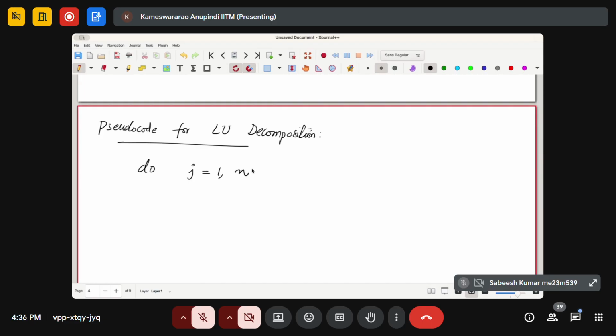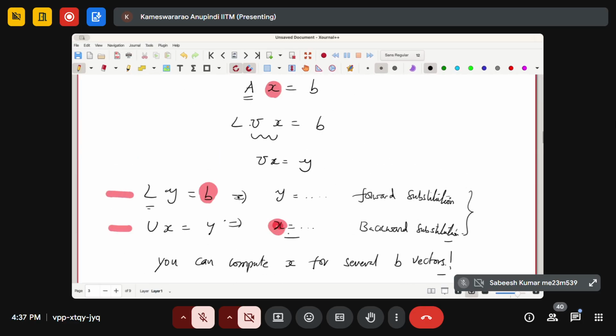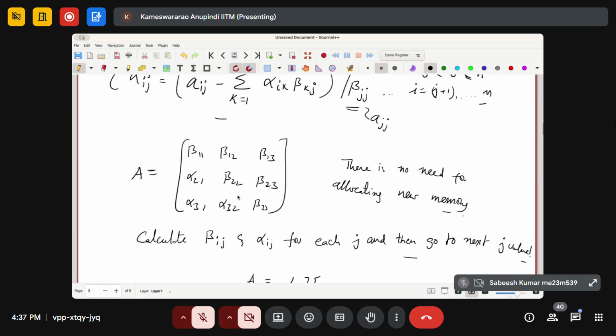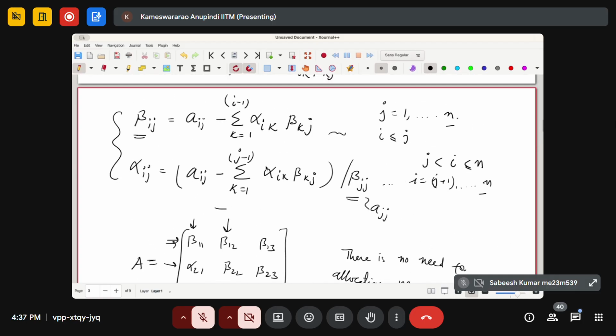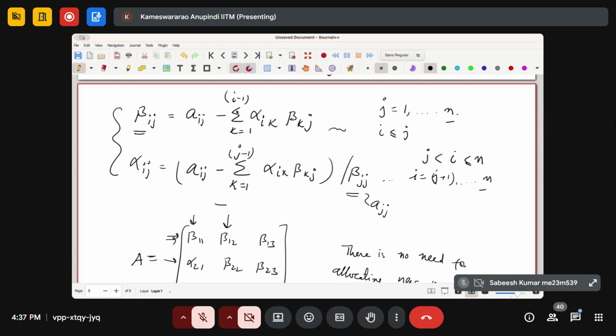Then do i equals 1 to j. When I go from 1 to j, I am first calculating beta values, because if I fix j equals 1, my beta goes from 1 to 1. If I fix j equals 2, my beta goes from 1 and 2, and so on. So I calculate beta ij. Beta ij equals aij minus the sum of alpha ik beta kj, k equals 1 to i minus 1. That is what I have been given.